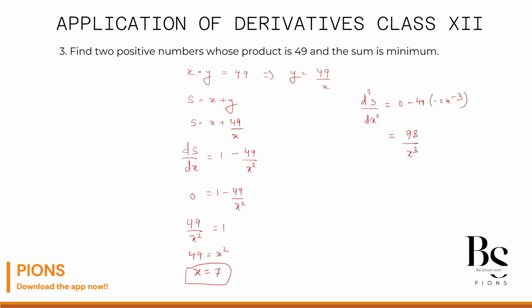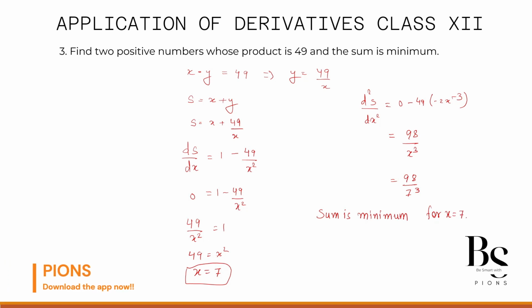Now if you put 7 in place of x in this part, you will get a positive value. And since you are getting a positive value of the double derivative, it means it is minimum. The sum is minimum for x equal to 7.